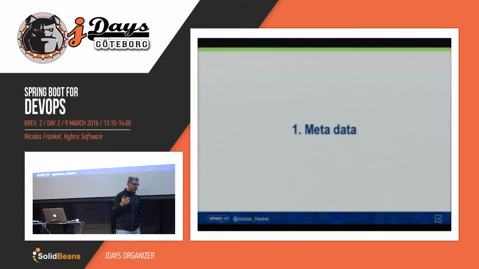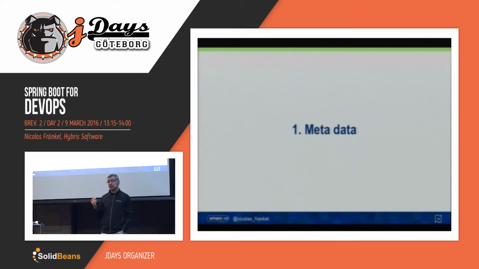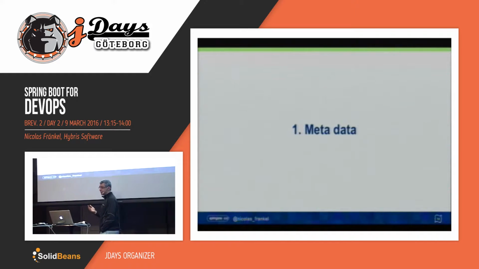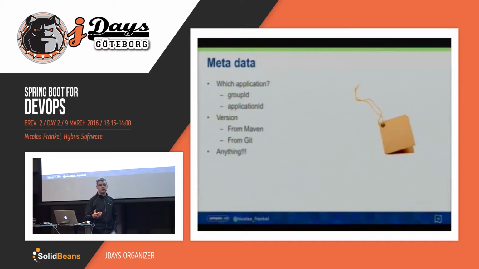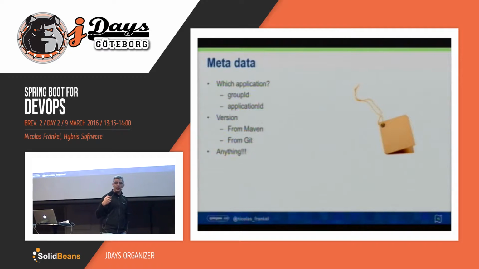Now, in your application, a basic requirement that you probably have to handle yourself, if you use standard Spring or not Spring at all, is the version of the application, but also the artifact ID from Maven, or the group ID, or anything that you might want to be set like that.